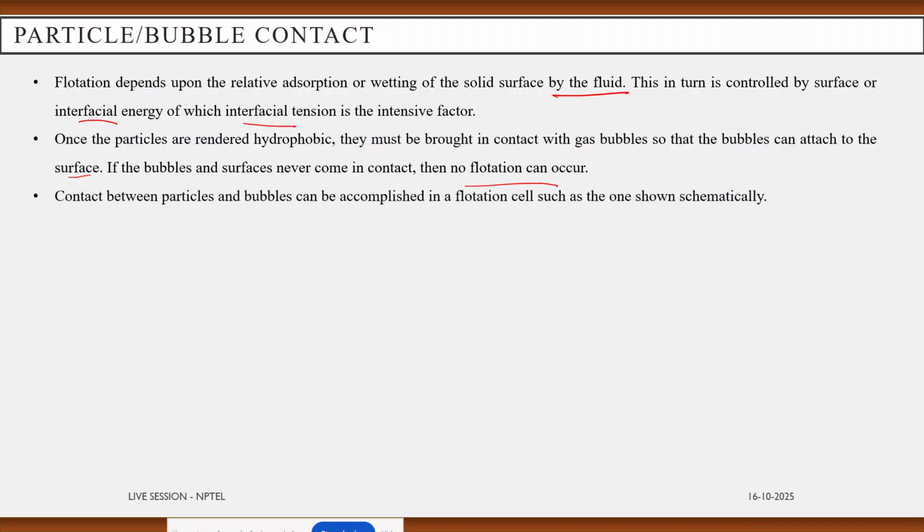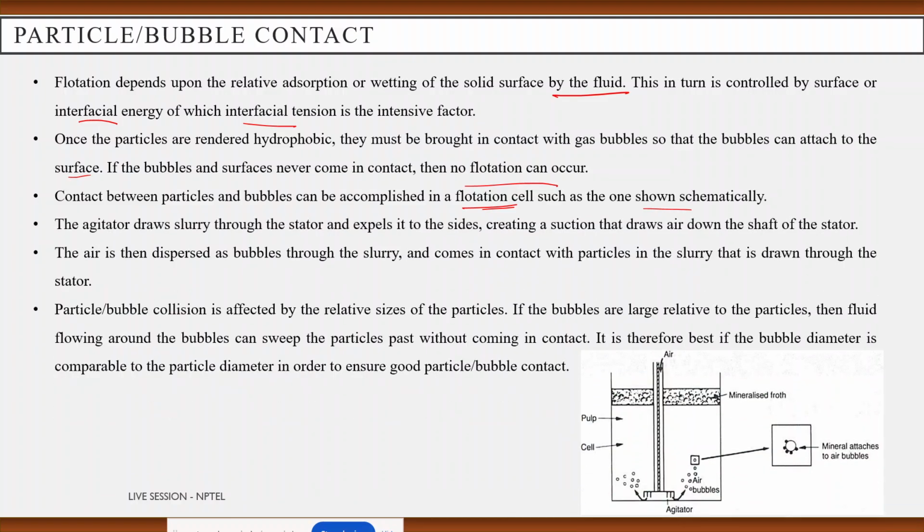So, contact between the particles and the bubbles can be accomplished in a flotation cell, such as is shown here. You can see this is the typical flotation cell where air is being circulated from the middle of the sparger, and from the sparger the gas bubbles are going up.